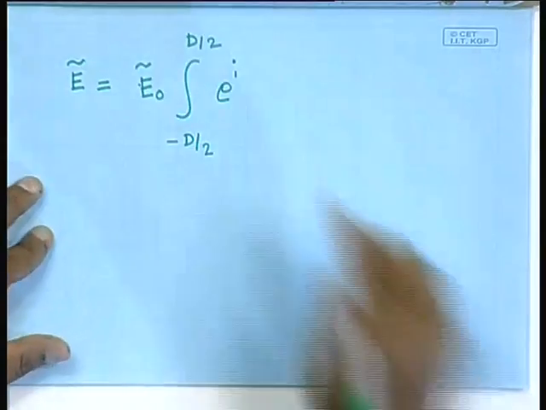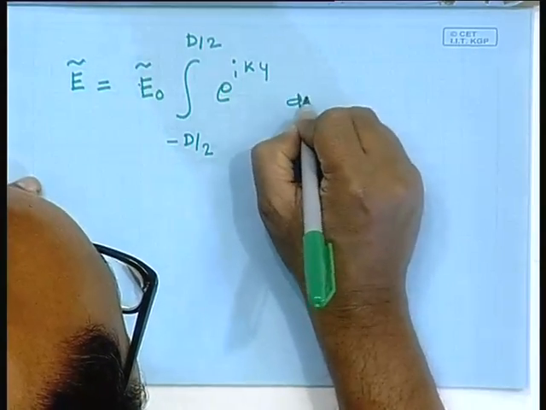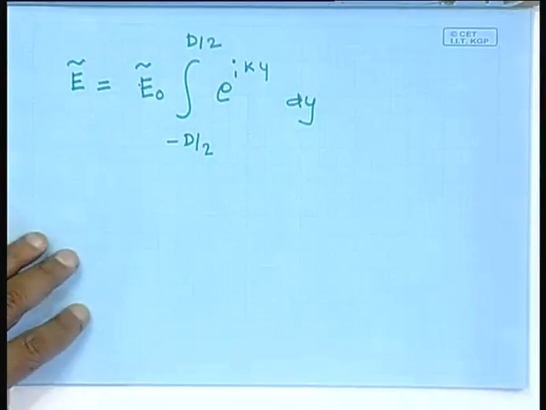So, we can write this as e to the power i k y dy.